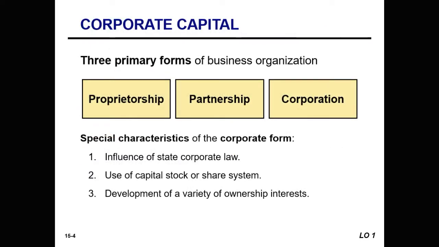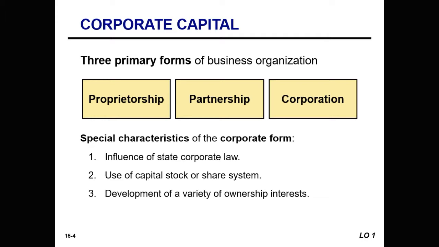So let's start with the three primary forms of business organization. There are three basic forms of business, and they are the proprietorship or the sole proprietorship. This is probably the easiest one to start because it only takes you going out and doing business for yourself.